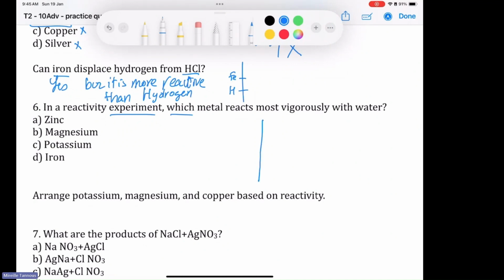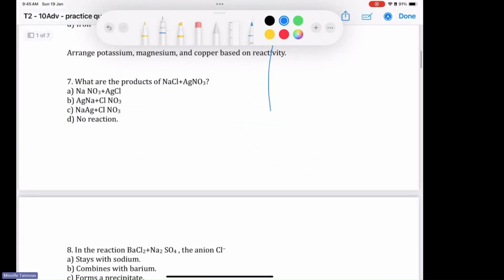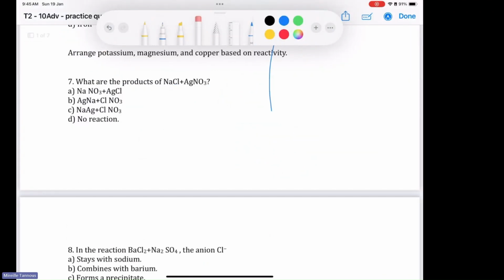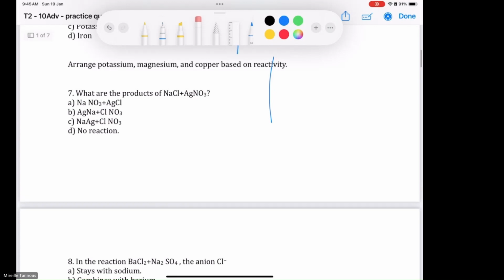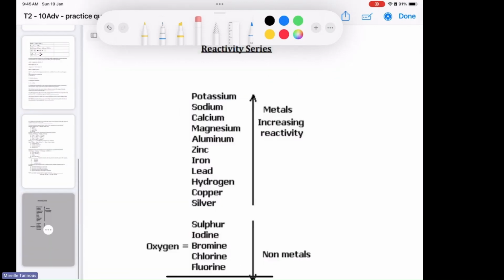So if you have the list, all of these are above hydrogen, but you choose the highest, okay? And the one top of the list is potassium. One second, I think I have. Yeah, it's over here. If you can see, potassium is at the top of the list, and here is hydrogen.